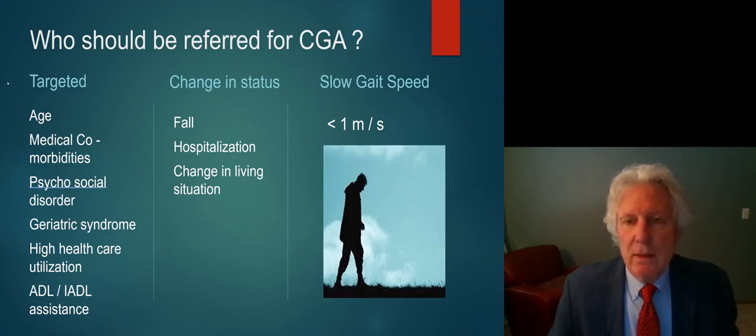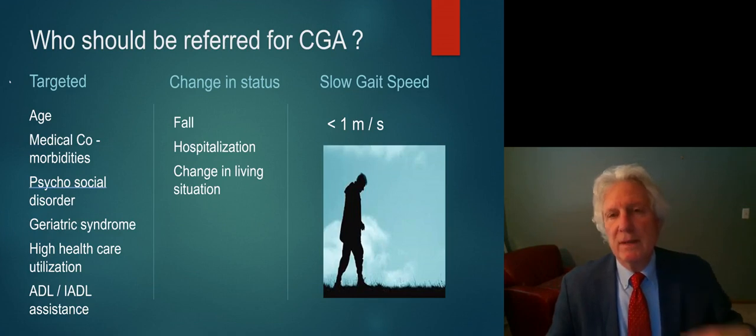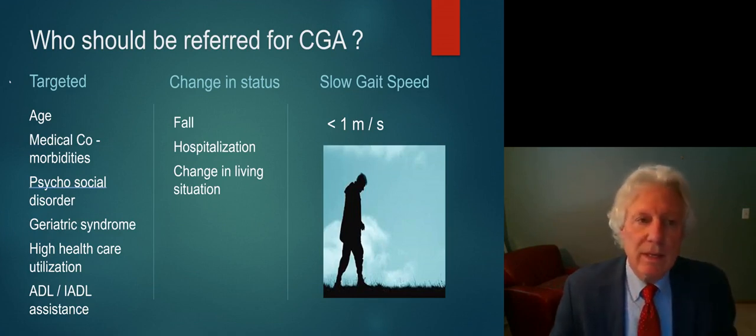We know that 1/3 of the older adult population has one or no comorbidity. But on the other hand, 1/3 of them have 5 or more comorbidities. So if you identify somebody with 5 or more chronic conditions, that might be the basis of a referral for geriatric assessment, and so forth.